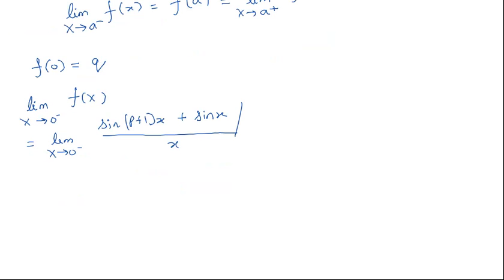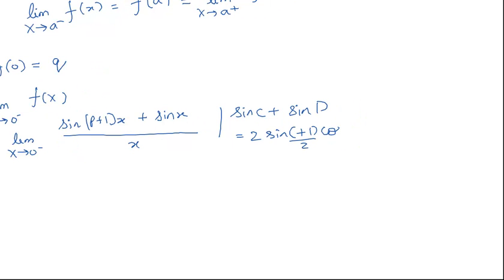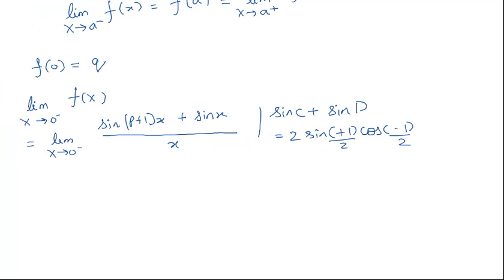Now we know the sine formula. What is the sine formula? sin C + sin D is equal to 2 sin((C+D)/2) cos((C−D)/2).